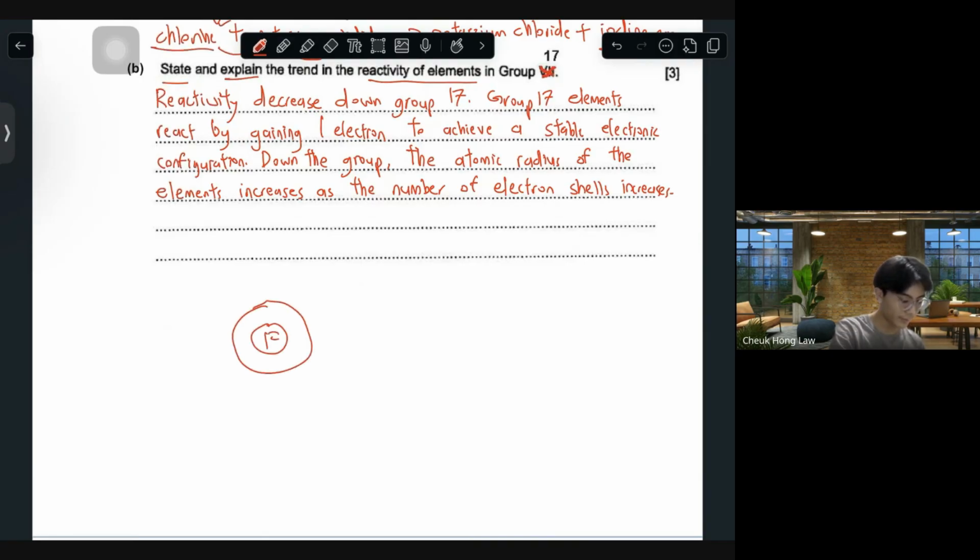So this is fluorine, right? And this is chlorine.